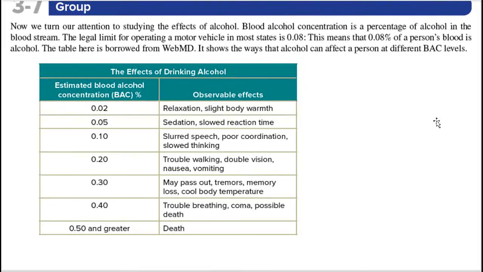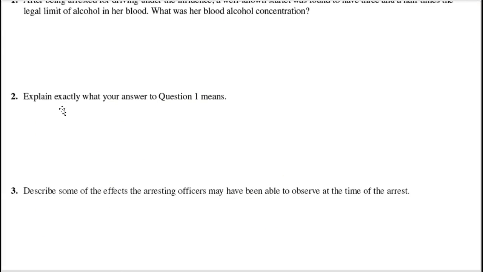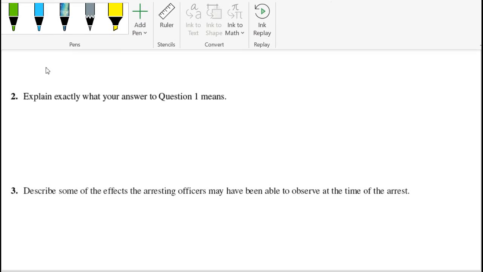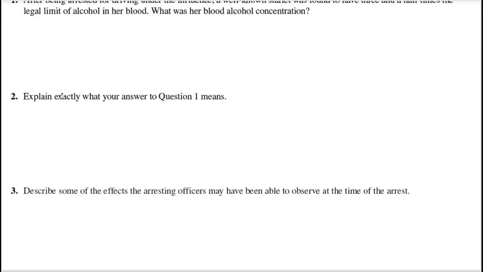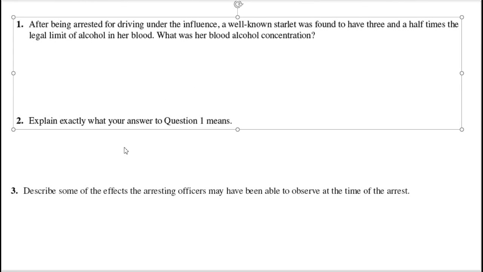And then it goes on up. If you're at greater than 0.5, you could actually die from having too much alcohol in your body. So there are different things in the table that you can look at, and they're going to ask you about that as we go through. So go ahead and work on question 1. Once you've answered question 1, come back and check your answer.